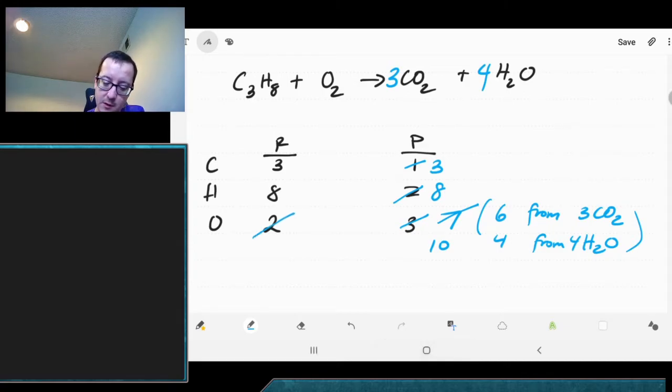And if we go ahead, now we can see that we need to have a few more oxygens here. So if we want this one to be 10 as well, we're going to need 5 diatomic oxygen there to make it all balanced. And so that's how you would have your combustion reaction. This is propane, by the way.